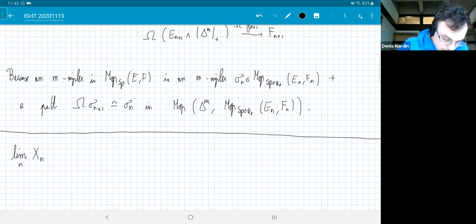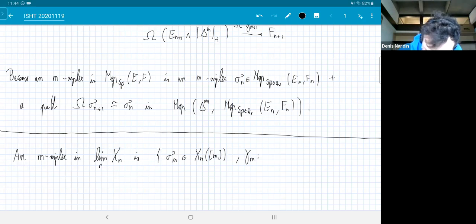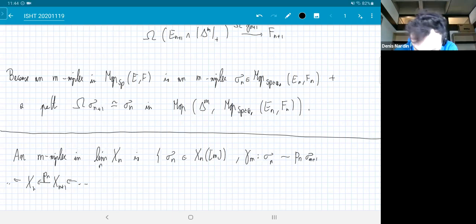But a limit point and then a simplex in lim X_n is a collection of points and gamma n's, paths from, so if you have a tower, say F_m, F_m plus 1, etc. This one in Hom delta m.